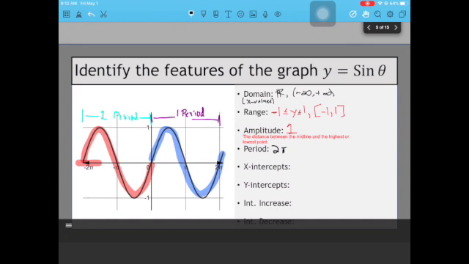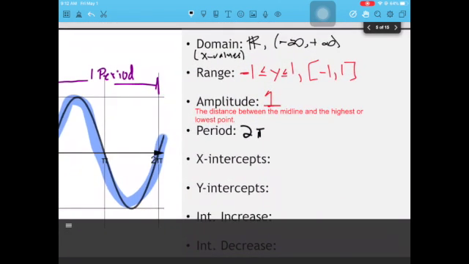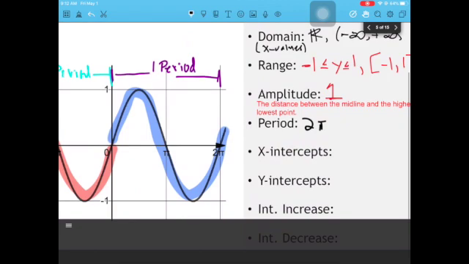Let's look at the x-intercepts. For the sine function, where does it hit the x-axis? It hits the x-axis here, here, and here. So if you notice, it's every interval of pi.